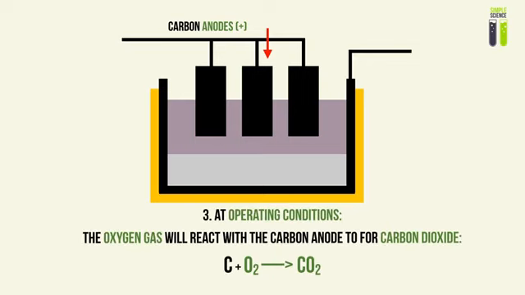However, interestingly enough, at the operating conditions at the anode, where it is very hot and possibly at a very high pressure, the oxygen gas will immediately react with the carbon of the anode to produce carbon dioxide. So a byproduct of this process in total is carbon dioxide.